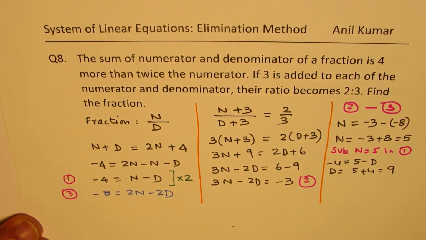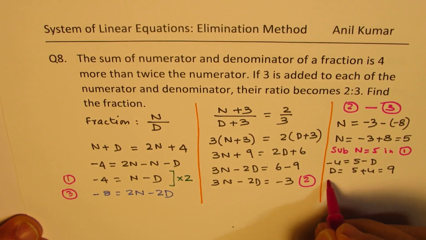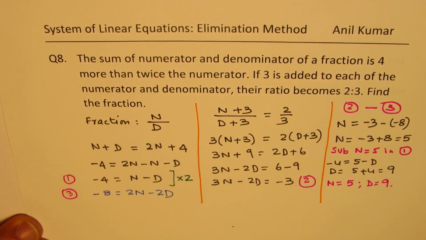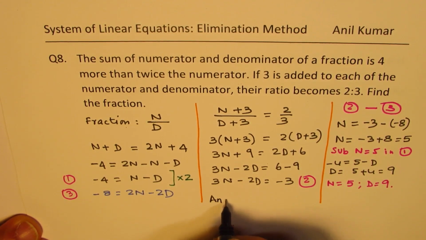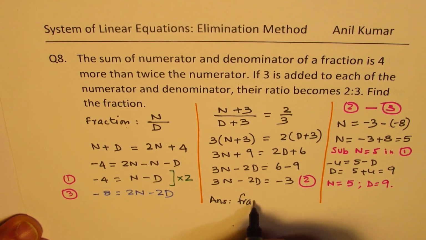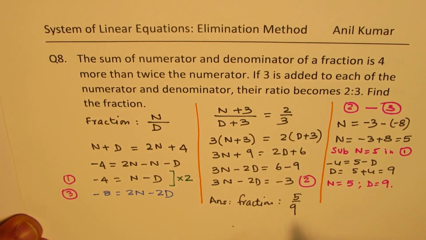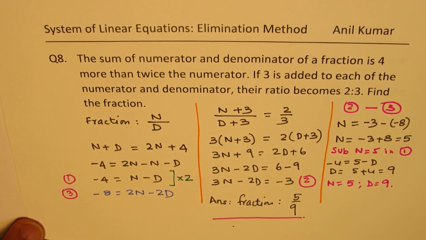So d is 9. So now we know that numerator is 5 and denominator is 9. Find the fraction. So our answer here is: fraction is 5 over 9. Clear? So that is how we are going to solve this question.